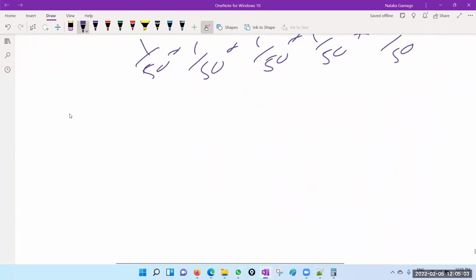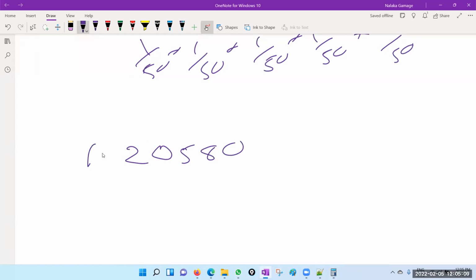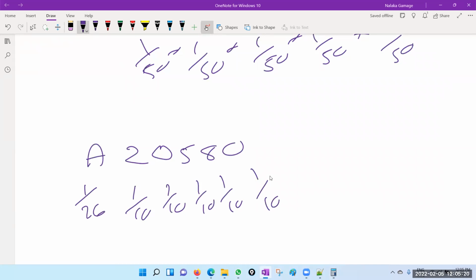So 1 over 26, 1 over 10, 1 over 10, 1 over 10, 1 over 10. So what is the probability of getting the first prize? Because everything has to be correct. 1 over 26 into 1 over 10 into 1 over 10 into 1 over 10 into 1 over 10.